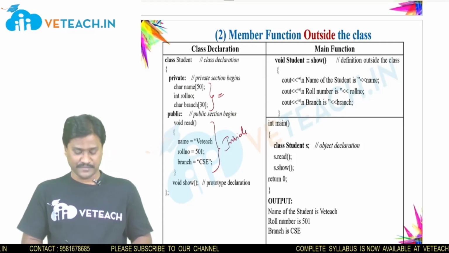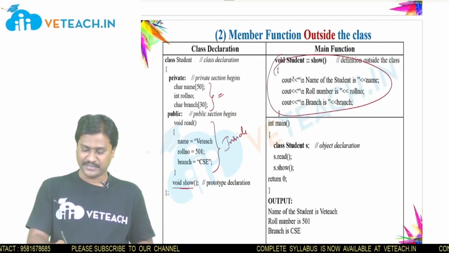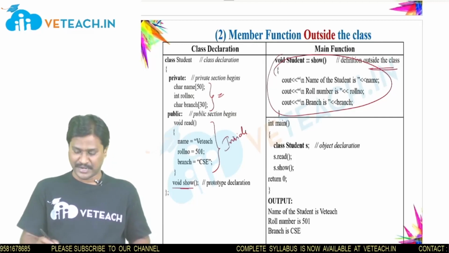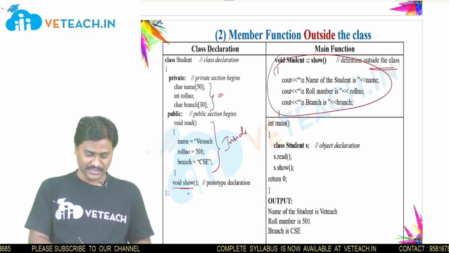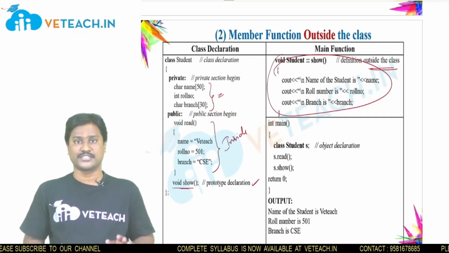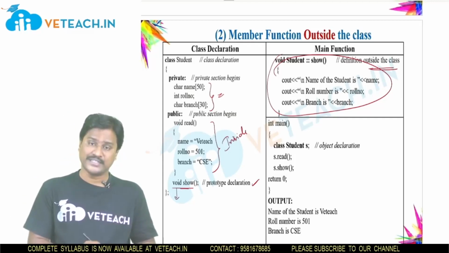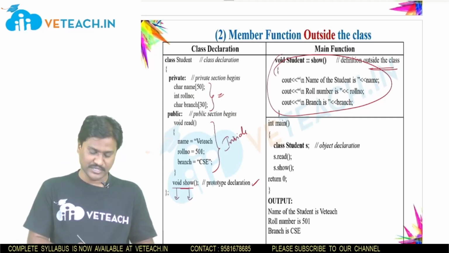But I have another function called show, and this show function is defined outside of the class, but its prototype is defined inside the class. This prototype declaration must and should be inside the class. Here it is: void show. Void is the type of the function, show is the function name.